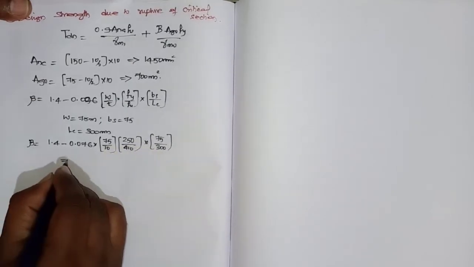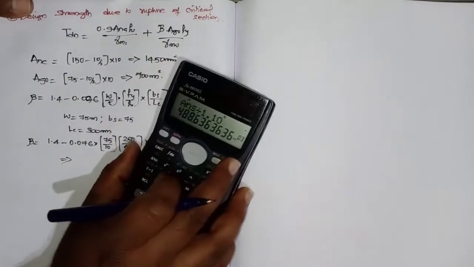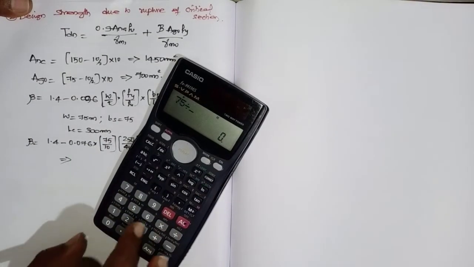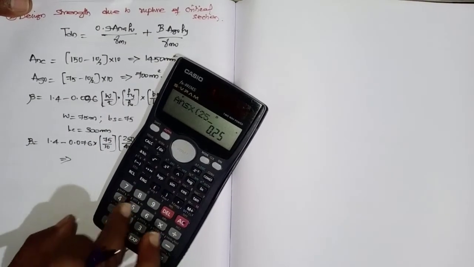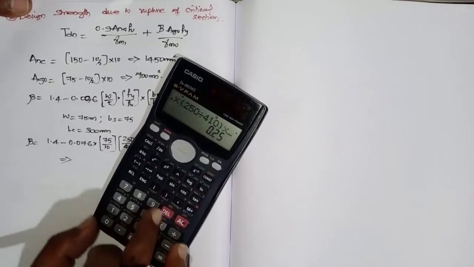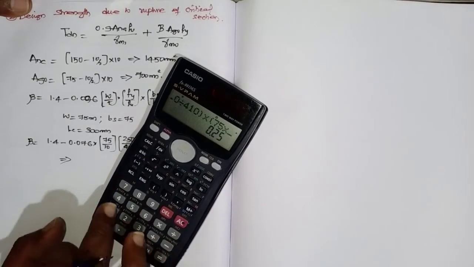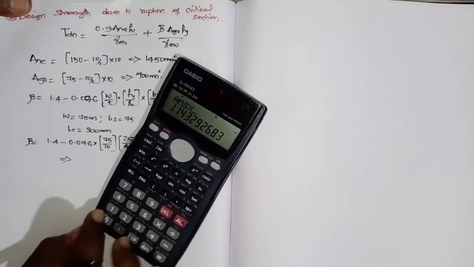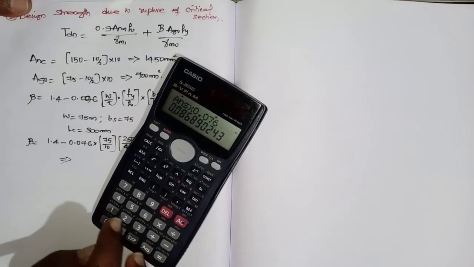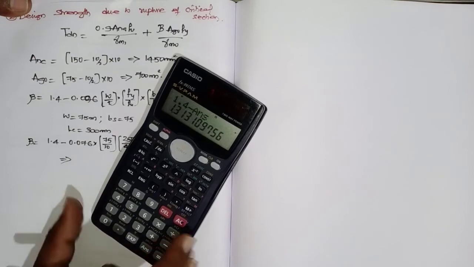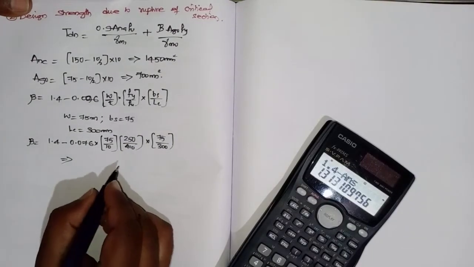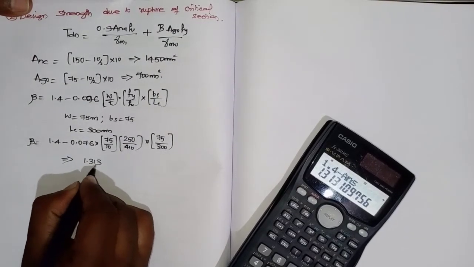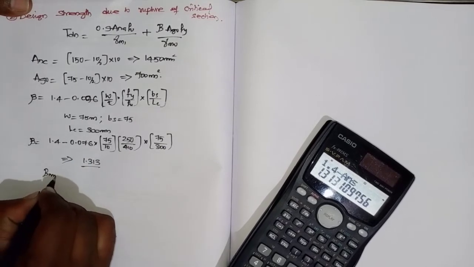If I solve this, 75 by 300 into 250 by 410 into 75 divided by 10, this value deducted from 1.4, how much are you getting? 1.313. Beta minimum is how much? 0.7.